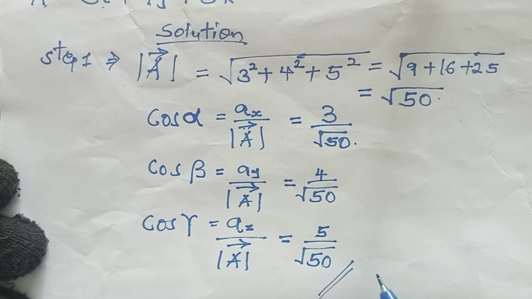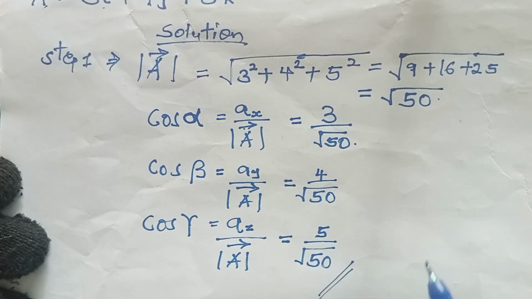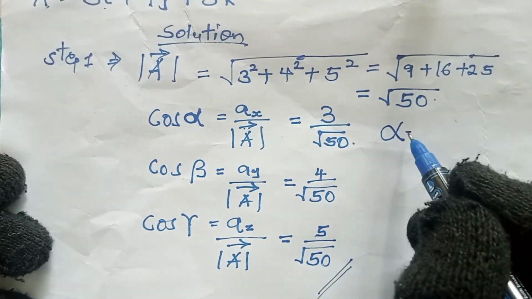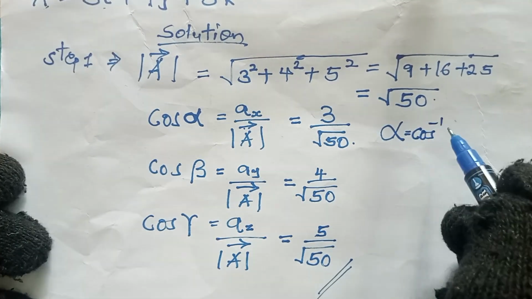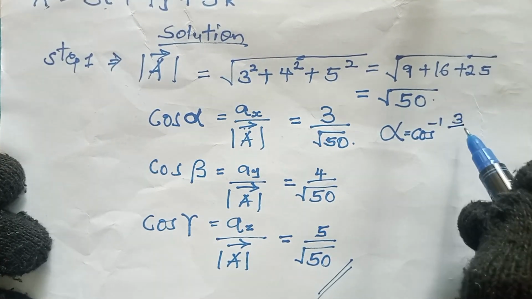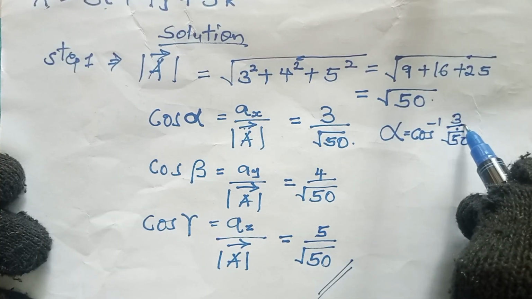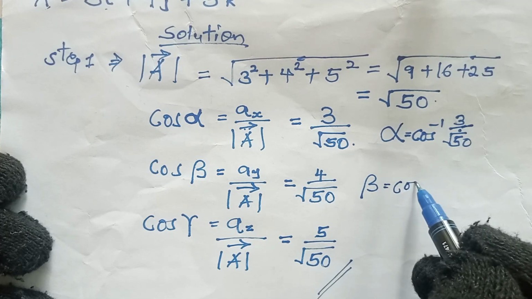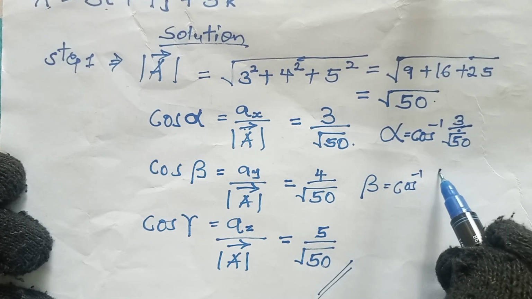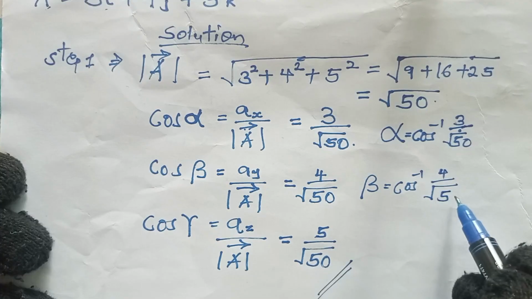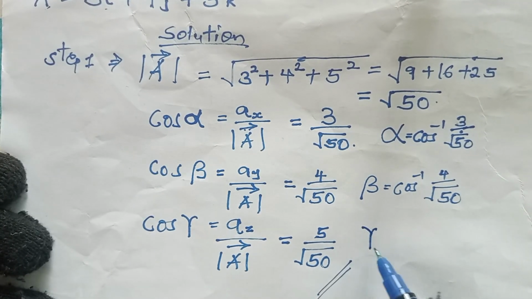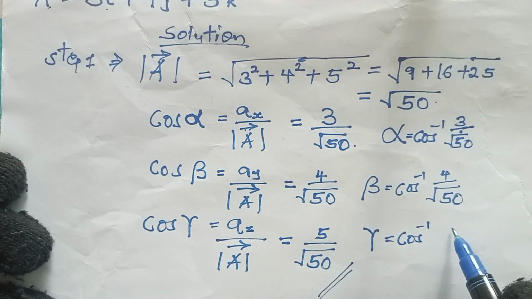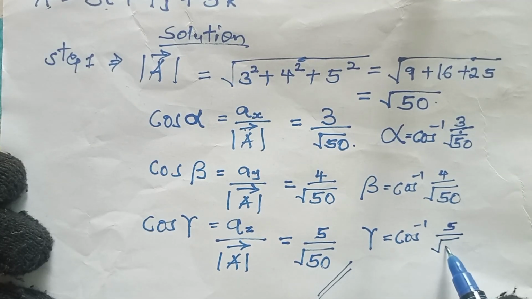But we can go ahead and find what the angle alpha is. Of course, alpha will be the cos inverse of 3 over root 50. Beta will be the cos inverse of 4 over root 50. And gamma will be the cos inverse of 5 over root 50.